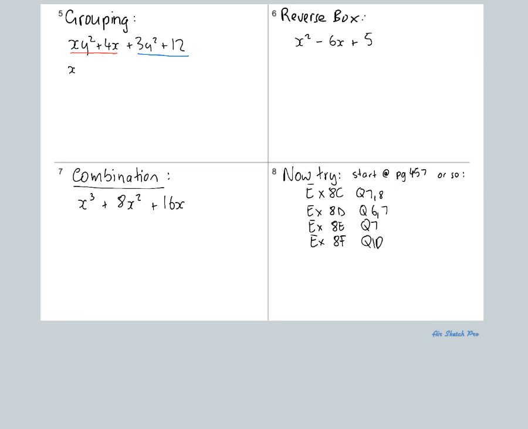There's nothing else common other than a common factor of 1, which is boring. That leaves me with y squared, because x times y squared equals xy squared, plus 4, because x times 4 is 4x. Now, with the second two terms, I've got a common factor of 3. 3 times y squared is 3y squared, and 3 times 4 is 12.